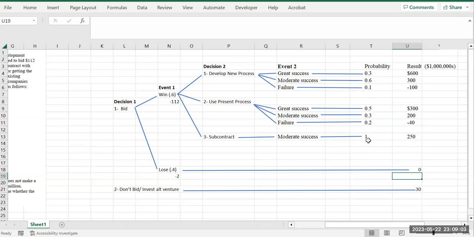There are different probabilities, and as you can see, under each decision the chances of these events total 1, 1, 1. And then we finally have the outcomes.